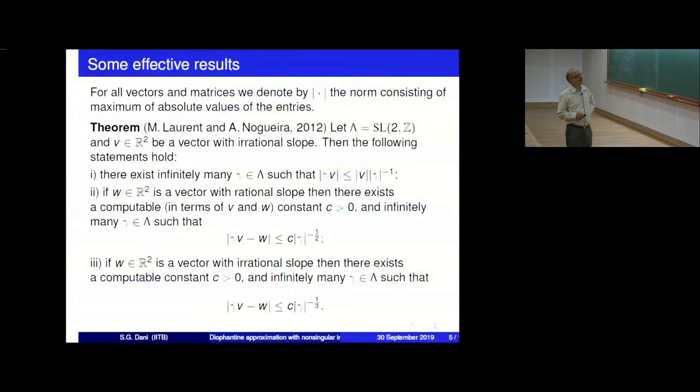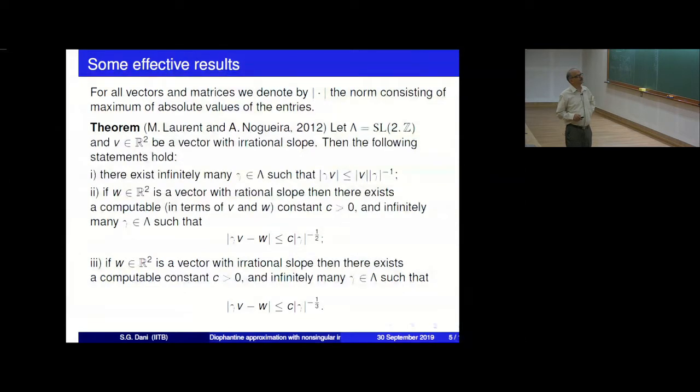Okay, so for now consider, in place of 0, approximation of a rational vector. Then the result tells you that you can find gamma such that gamma V minus W is less than or equal to some C times norm gamma raised to minus half. Instead of minus 1, for this you would have minus half, and so there exists such a constant.